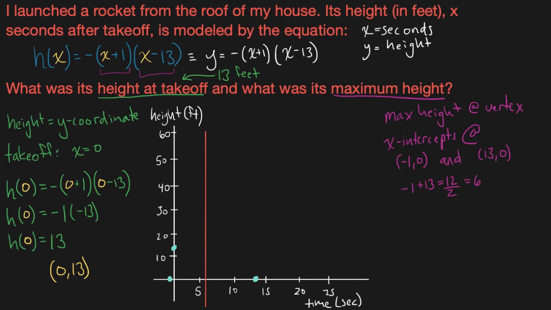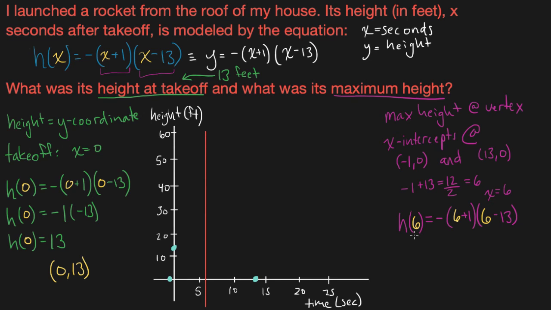So if I know that the x-coordinate of my vertex is 6, that it's at x is equal to 6, then I can just substitute 6 into my equation here and then find out what I get as my output. So I'll rewrite that here. So I have h of 6 is equal to negative, and then 6 plus 1, and then again 6 subtract 13.